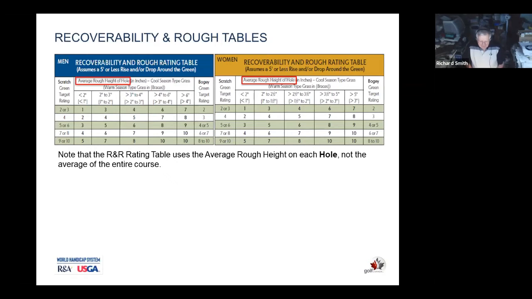So if we have an average from the superintendent, that becomes the default that we would use, but we still have to look at the rough on each hole to see if it's longer than average, shorter than average, maybe thicker than average in terms of how hard it is to get a club through it. And if necessary, we have to apply a different rough height to one hole compared to the average.